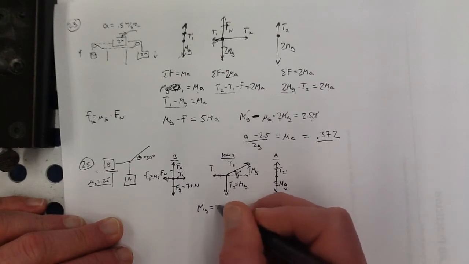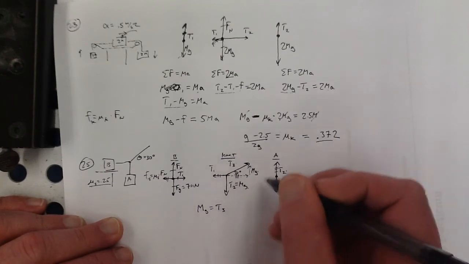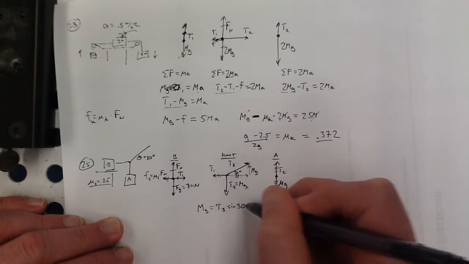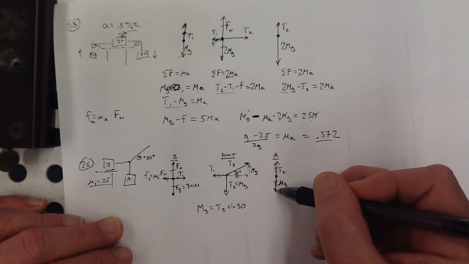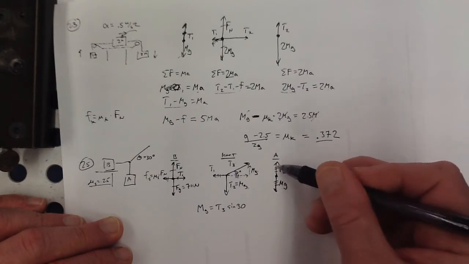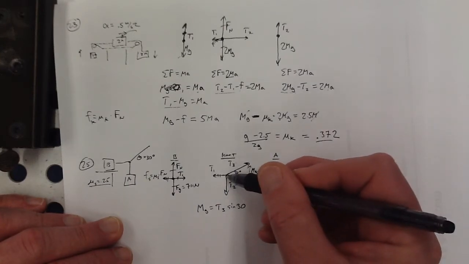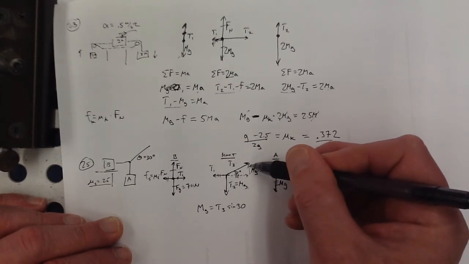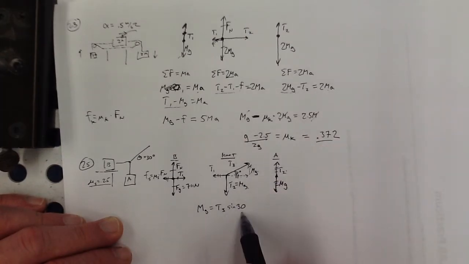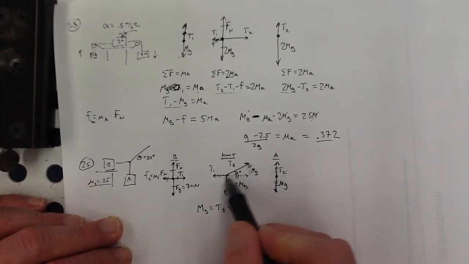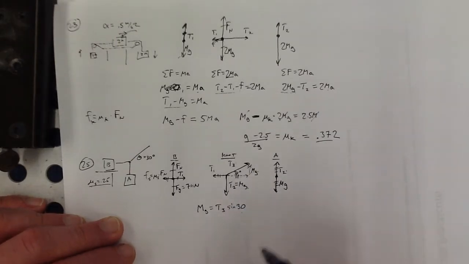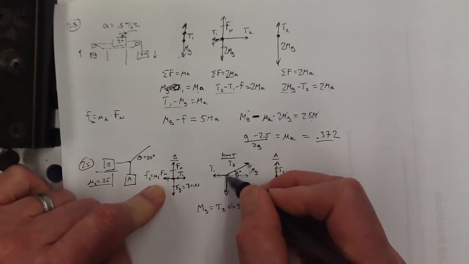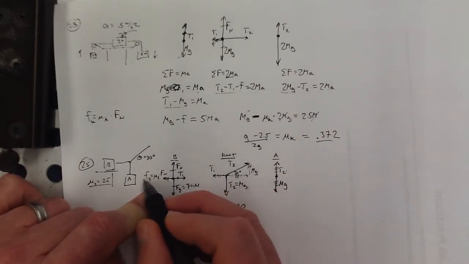I'm going to write this down. T3 sine 30, right? This has to be equal to that, which is the same as this, which is the same as this. And that gives me this equation right here, right? mg is equal to T3 sine 30. Okay, and then how about going this way?